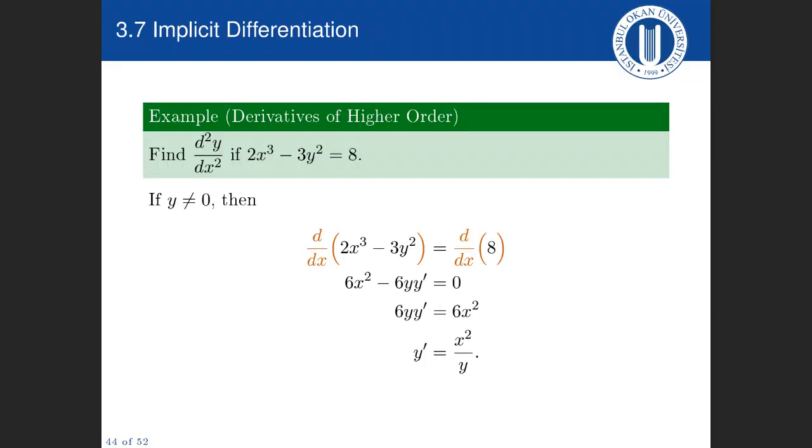Rearranging this, we find that y prime is equal to x squared over y. So that's the first derivative, but we want the second derivative, so we're going to need to differentiate it again.